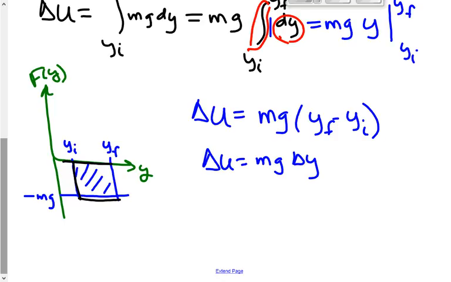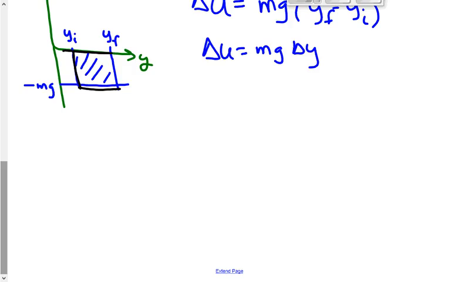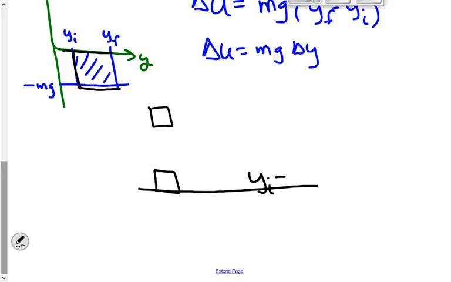Now sometimes, if I've got an object that starts here and ends up here, I let yi be equal to 0 and Ui be equal to 0 there. And we'll finish that up later.